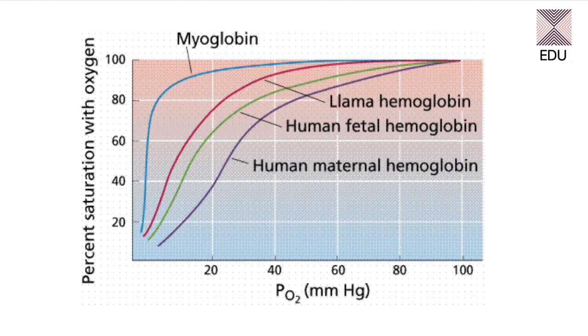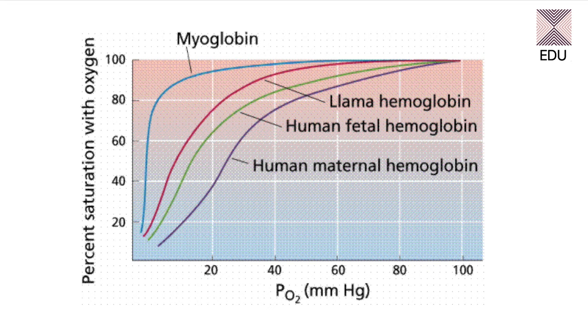So students, this is a comparative graph, and this is again a comparison between the myoglobin and the hemoglobins of human maternal blood, the human fetal blood, and llama hemoglobin.